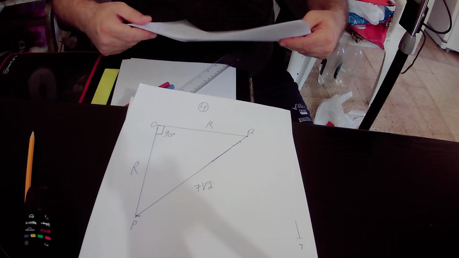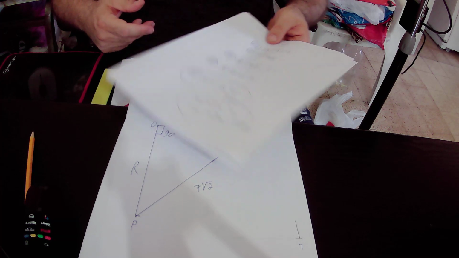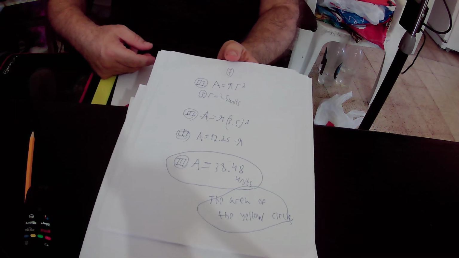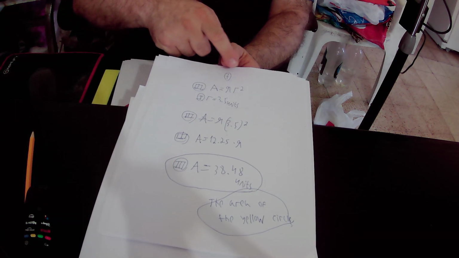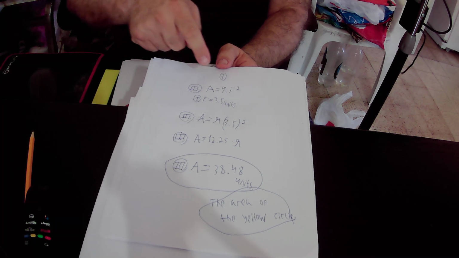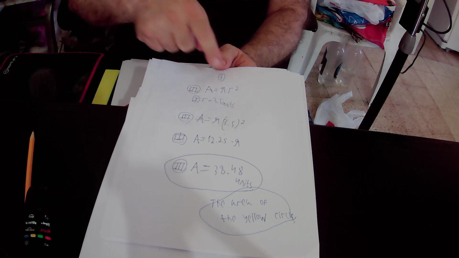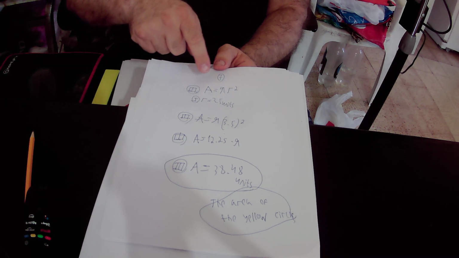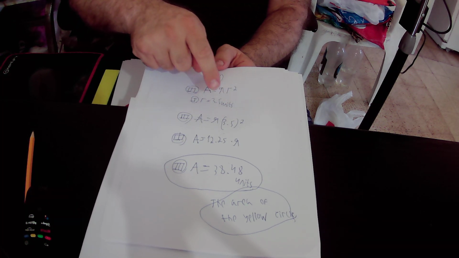After we know the radius of the yellow circle, it is very simple to find the area of the yellow circle, because the area equals pi times r squared, and we already know that r equals 3.5 units. So we can substitute r in the third formula by 3.5.